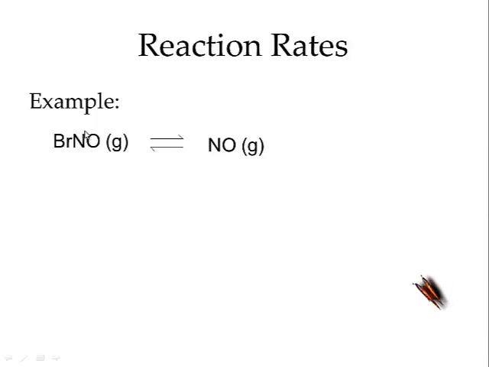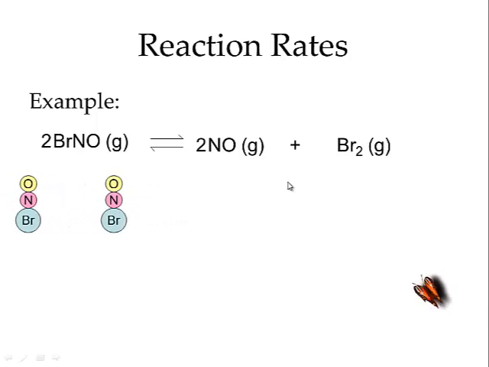We're going to look at the forward case. So the molecule BrNO can sometimes break apart into NO gas and bromine gas, Br2. And of course, we have to balance our equation.